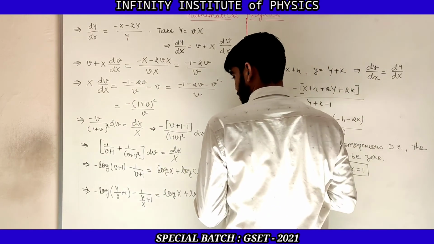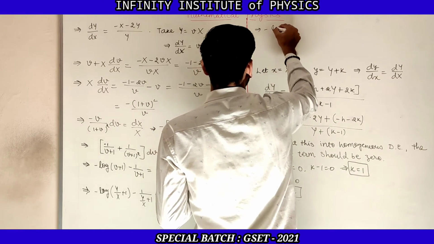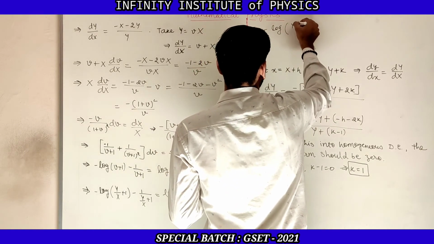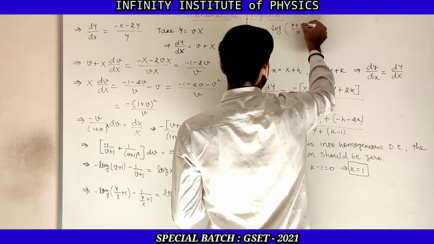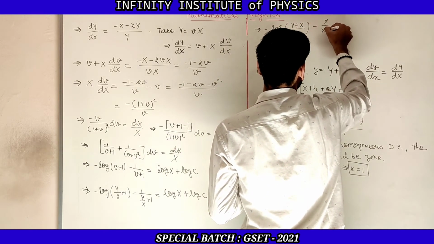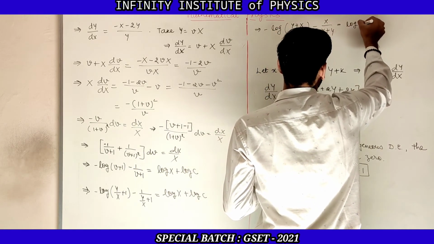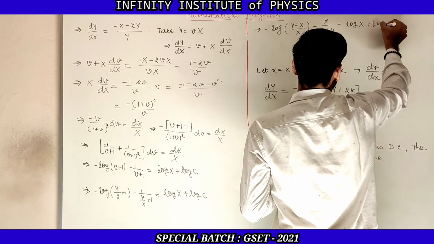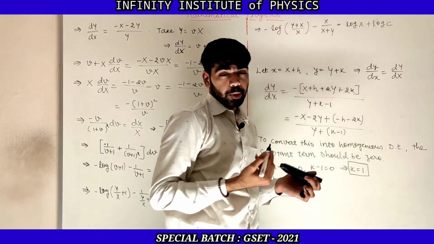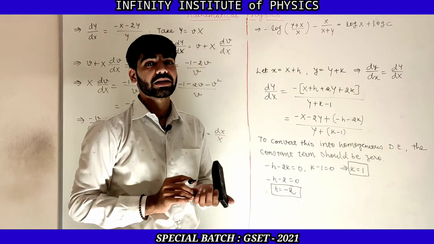So now this equation is minus of log of (y plus x) upon x, minus x upon (x plus y), which is equal to log x plus log c. But again, using the property of log, we can write log a by b as log a minus log b.